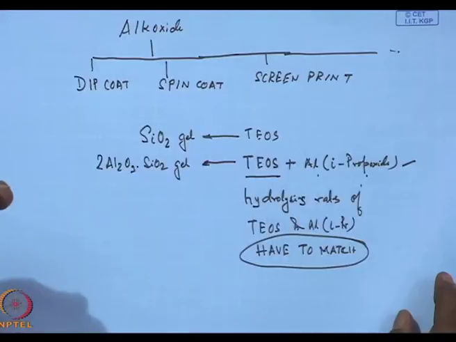But what about the cases where we require thin coatings from systems which are multi-component? We require dense coatings like the alkoxide based coating method, but the problem is they are multi-component and we do not have matched hydrolysis rate.